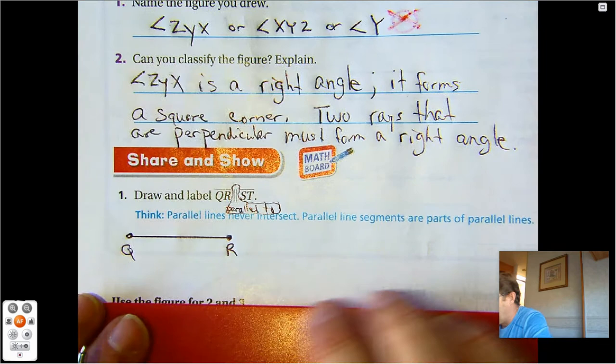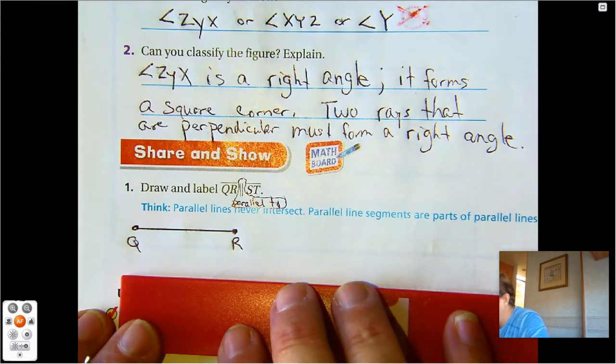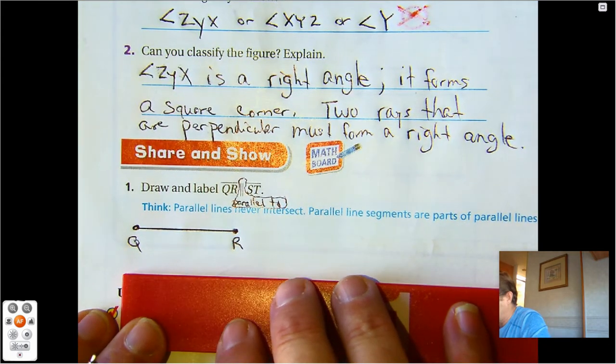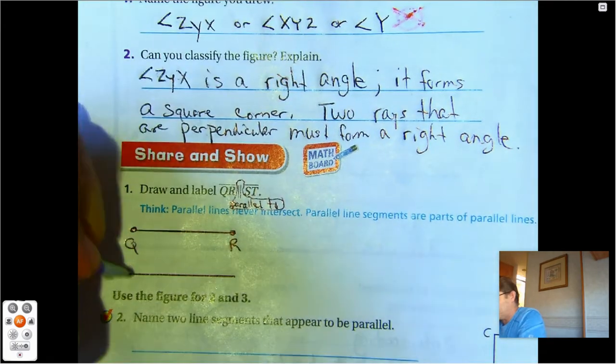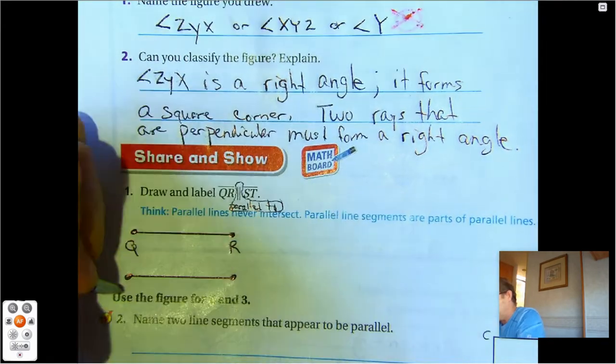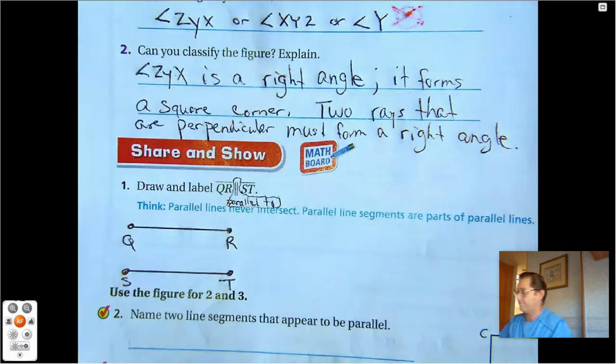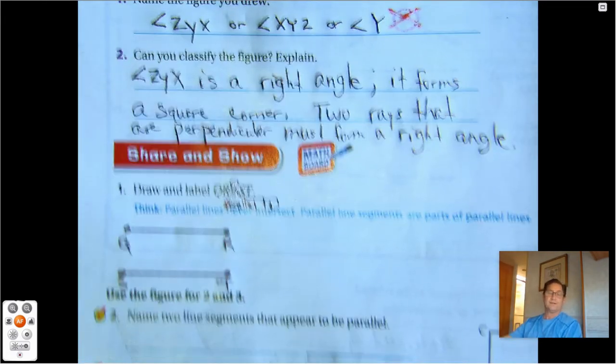So that means it's not going to cross it.